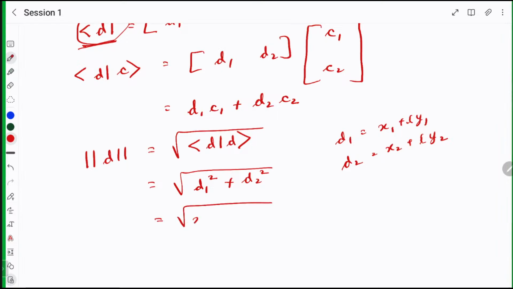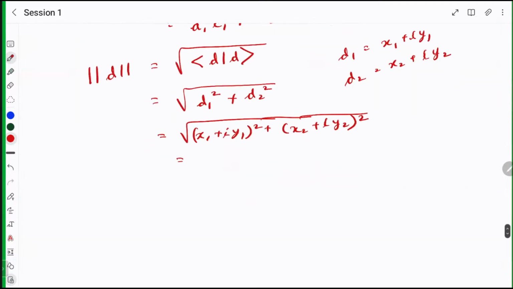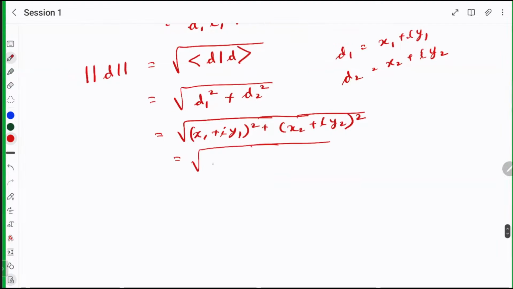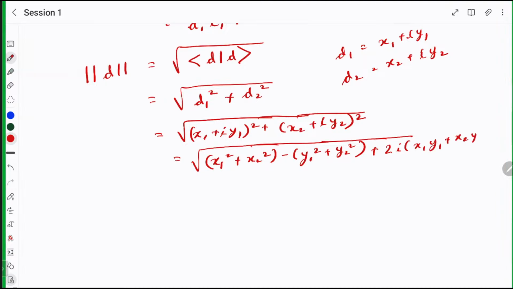Then x1 plus iy1 whole squared plus x2 plus iy2 whole squared. So basically x1 squared plus x2 squared, and here it will be minus y1 squared plus y2 squared, but there will be some imaginary part also, like 2i times x1 y1 plus x2 y2.